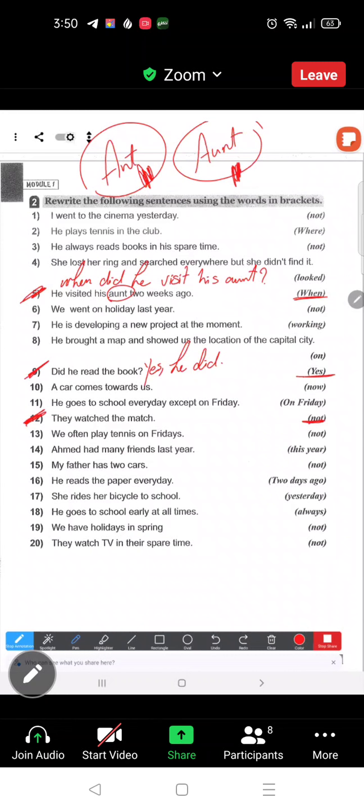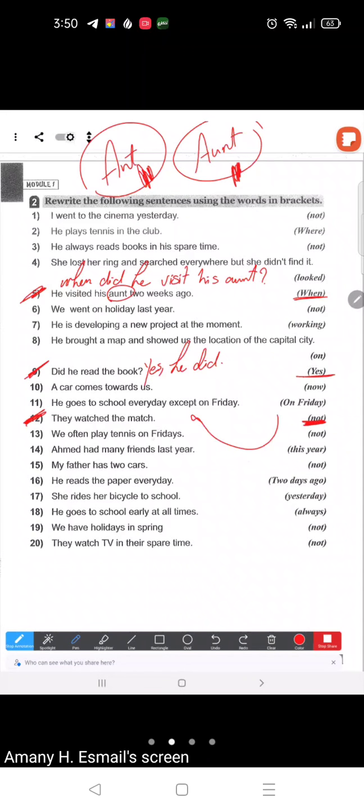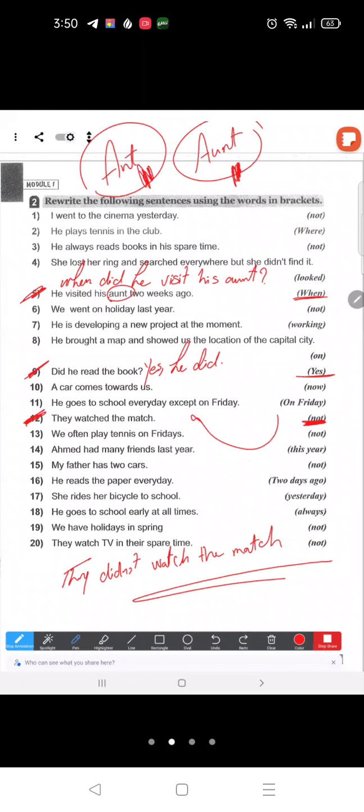Okay, we need to add not to this sentence. Didn't. Okay, they didn't watch the match. Okay, so do you have any questions?